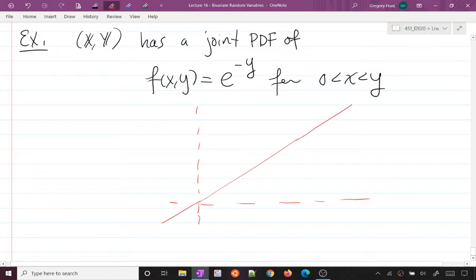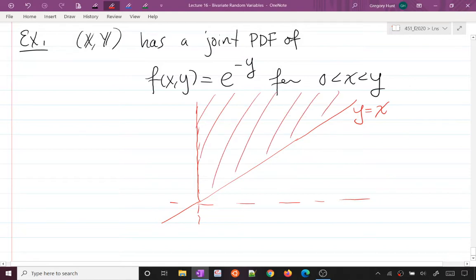It's supposed to be a line. y is x. And my PDF is defined in this infinite triangle here, which is e to the negative y over this triangle, right? This is where y is bigger than x, but x is bigger than 0.